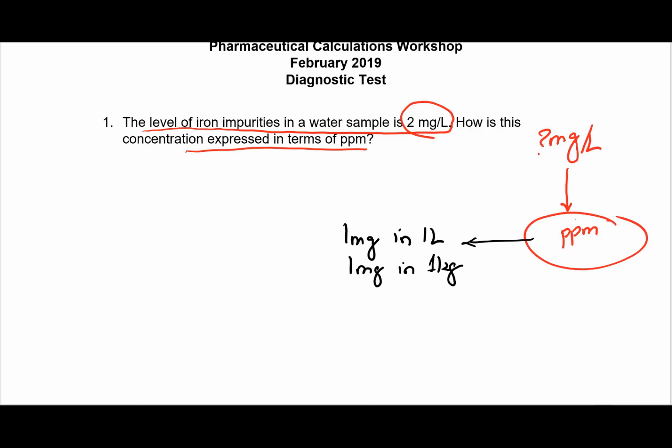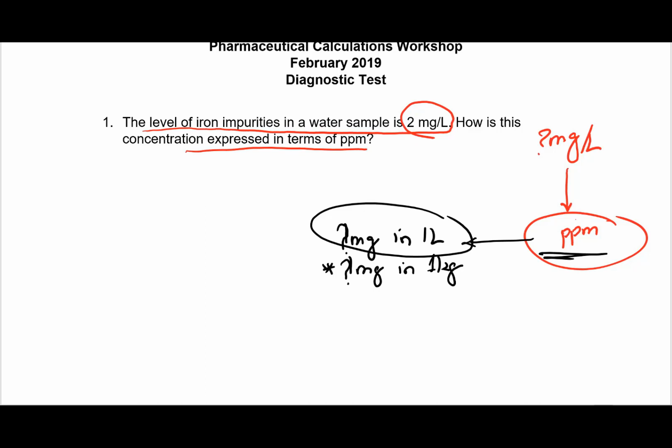The second one is not applicable here, but this one is applicable because we are dealing with milligrams per liter. So for parts per million, we have to find out how many milligrams are present in 1 liter, or in 1 kg. We have to find out how many milligrams are present in 1 liter. That will be the ppm.